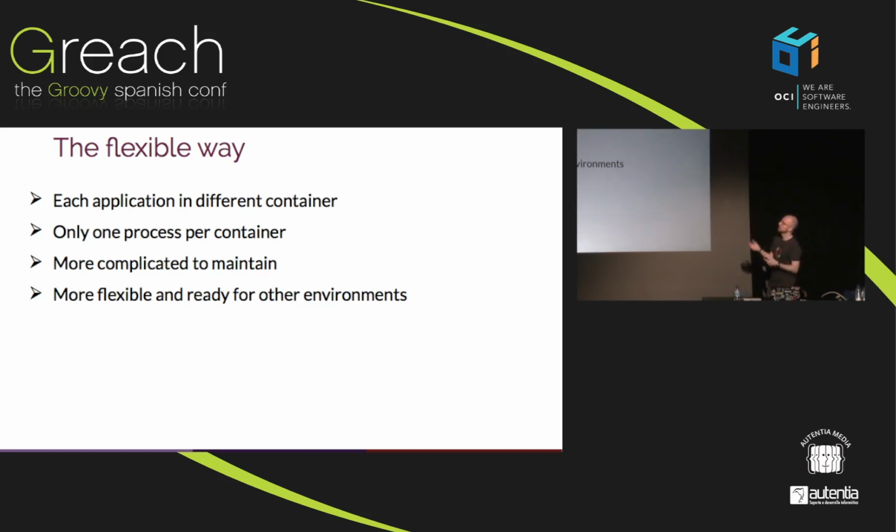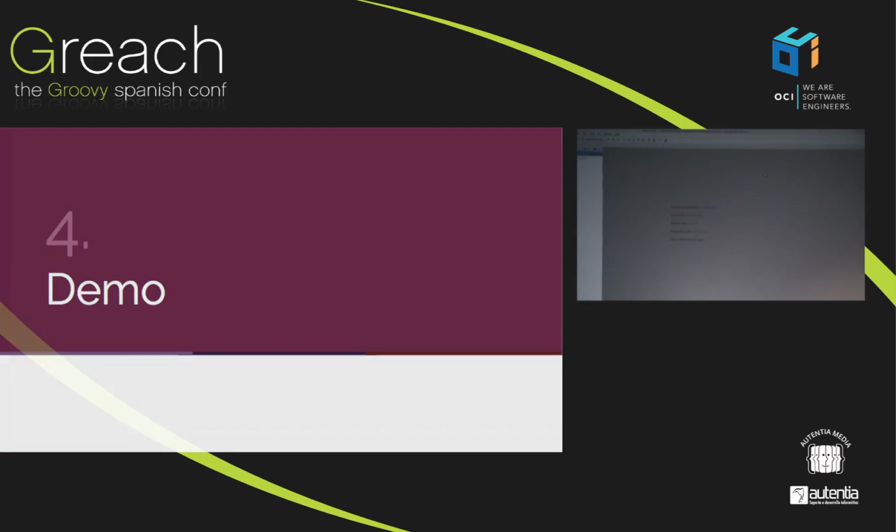The example is going to be very simple, but if your architecture is more complex, you need to do more things, but it's more flexible. It's ready for other environments, so you can use it on CI, on pre-production, or on production if you want. So, as I said, I have here this producer and consumer Grails application.